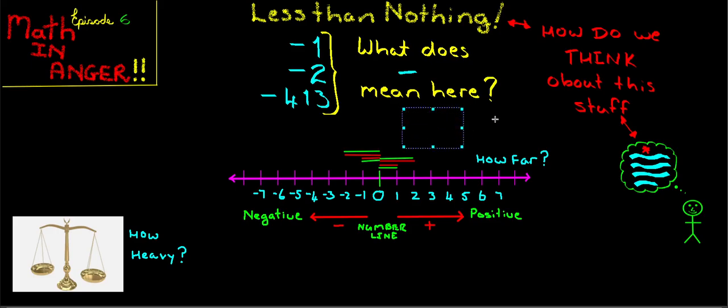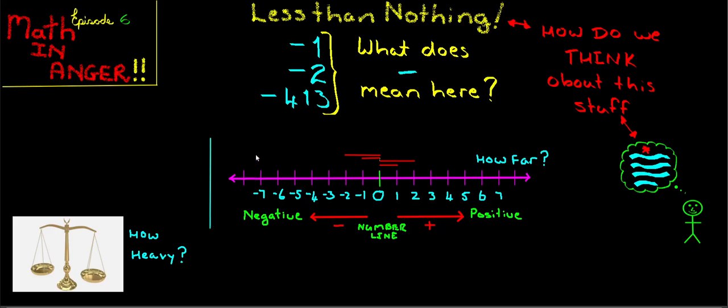When using the number line, the point you measure from is not 0. Let me just get rid of this. The point you measure from is way over here somewhere on your left hand side.